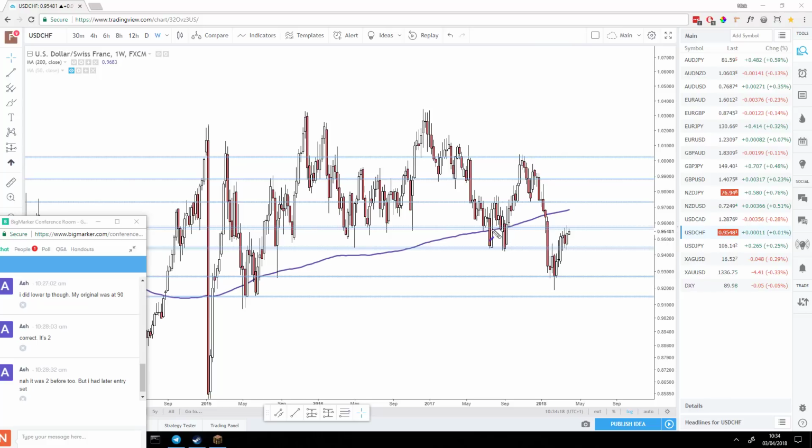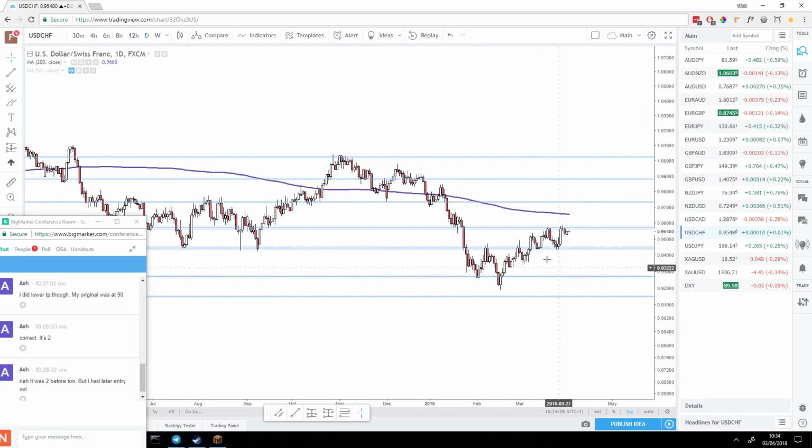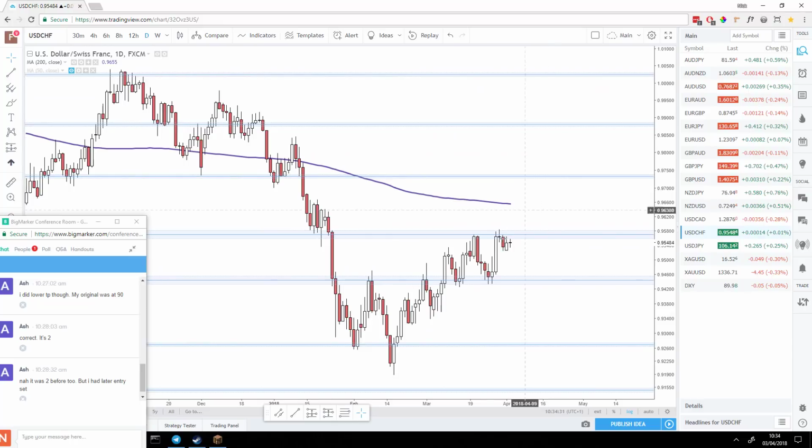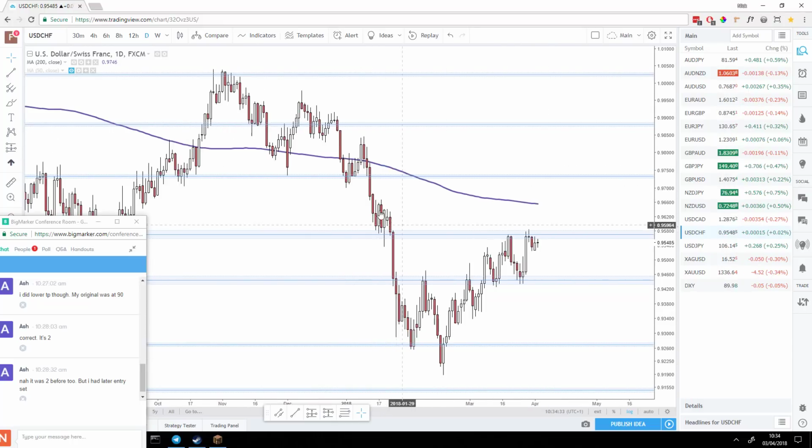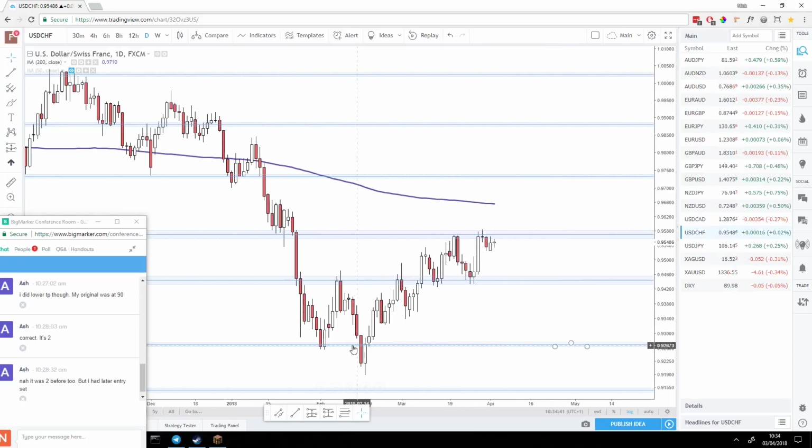I mean, it's done this before here, and then continued down, here, and then continued down. So the point being, it looks like it might be moving bullish over the shorter term, which is inside of an overall bearish trend. I would say that the most recent trend is up. It's been trending up for a few weeks now.